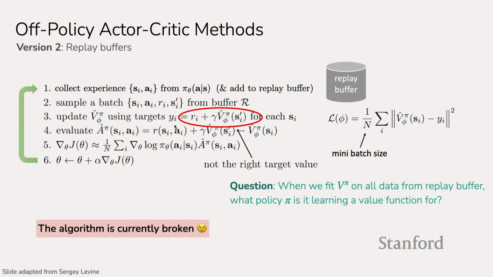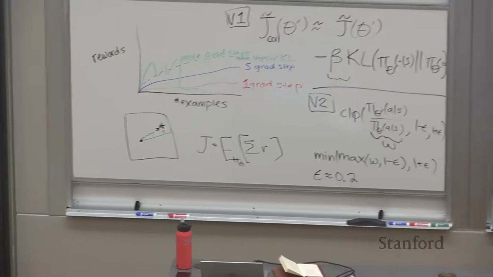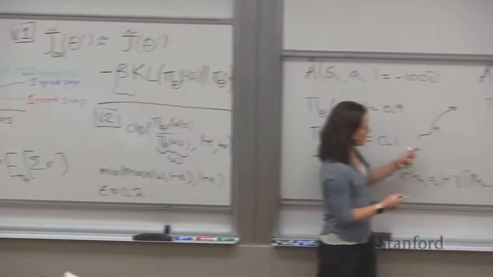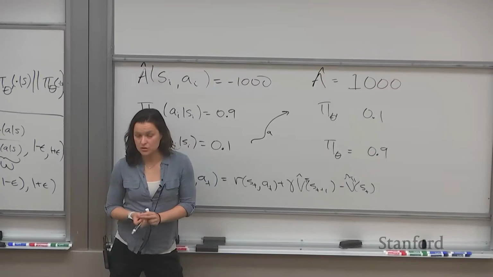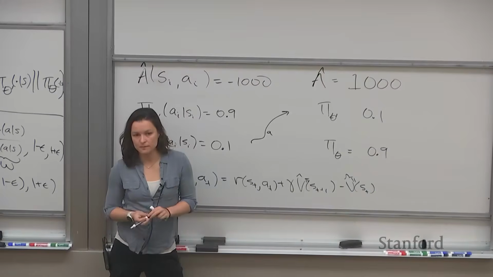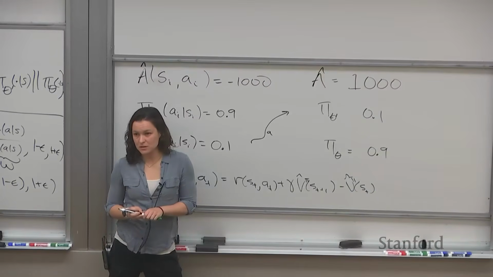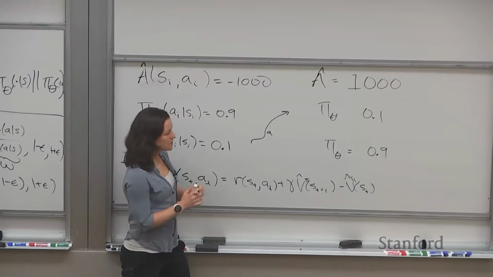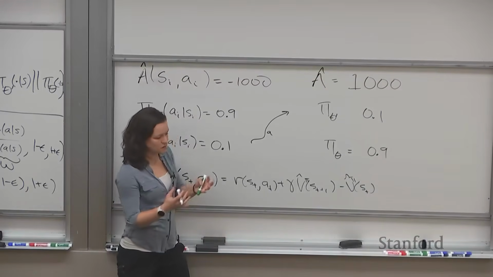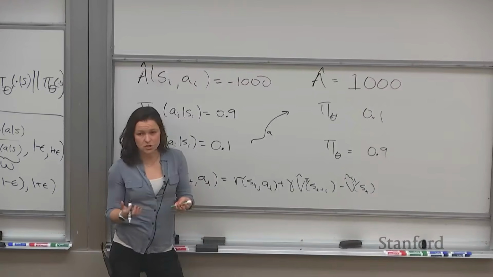In particular, when we collect trajectories from previous policies, the actions will be different. That means the next state will also be different when you took that action, as well as the reward. The policy that you'll be learning a value function for is some sort of mixture of all of your past policies.